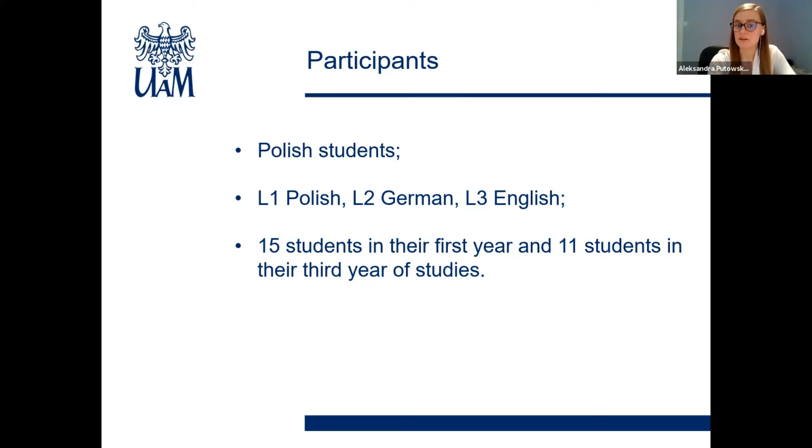Language dominance is indicated in terms of overall proficiency, the length of learning the languages, and frequency of use in the given languages. There were 15 students in their first year and 11 students in their third year of studies. Such selection of participants gives the opportunity to see the differences between the language proficiency levels in those groups.